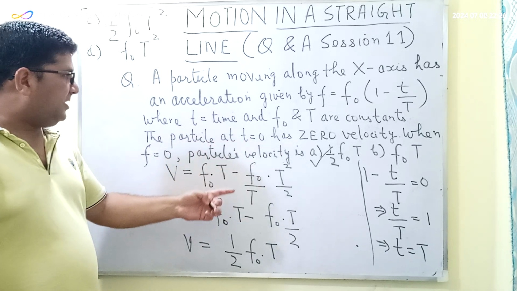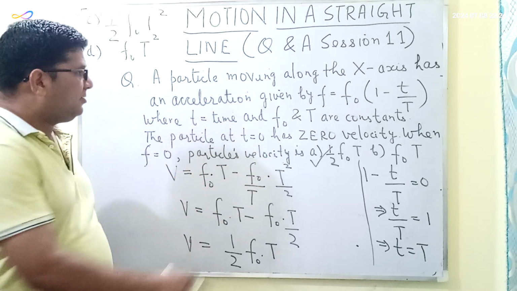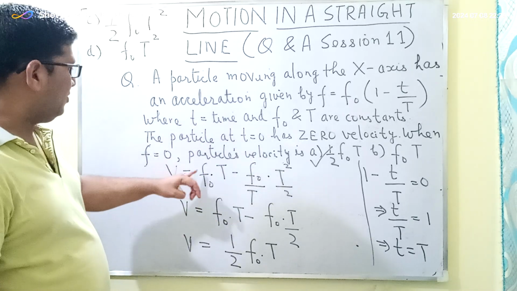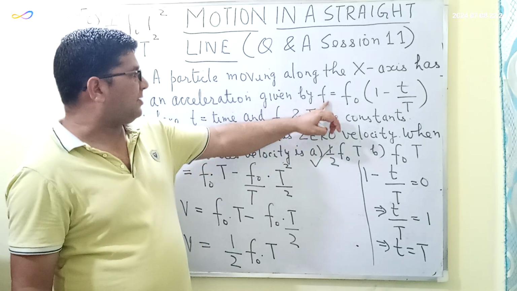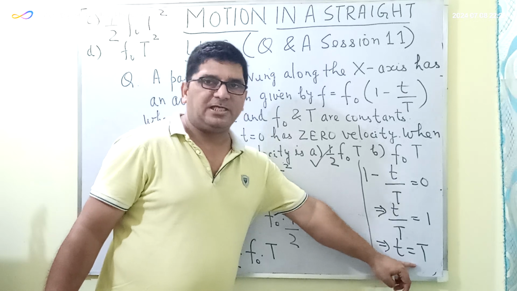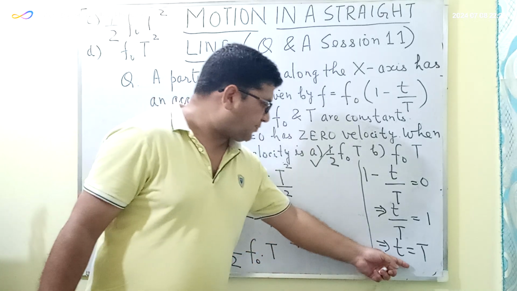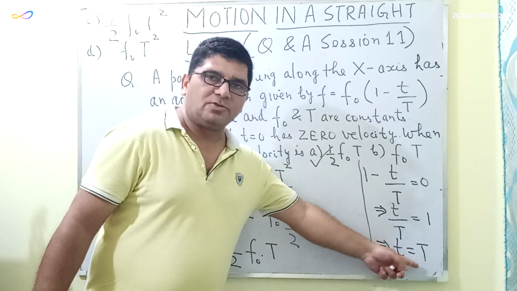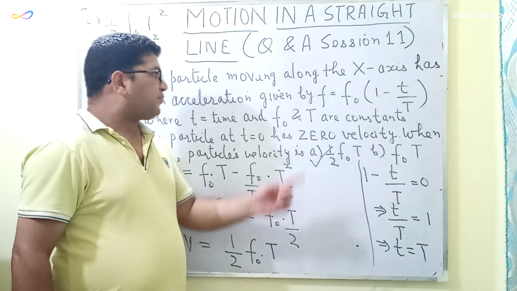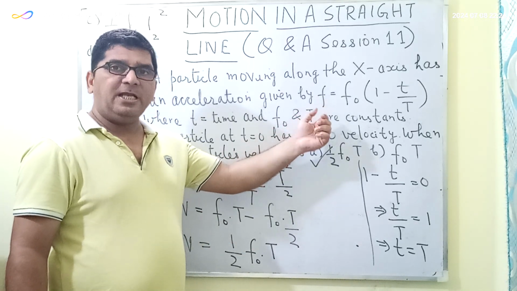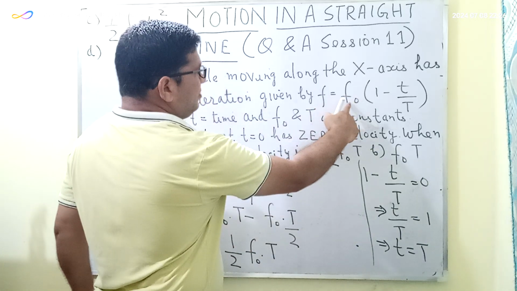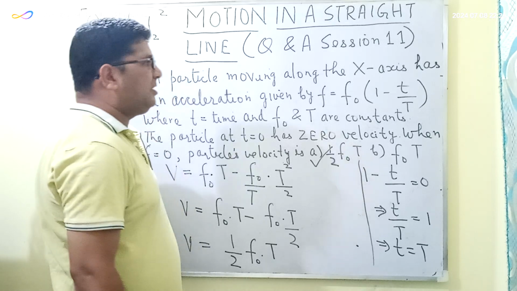Then, since we have to find the particle's velocity when f is equal to 0, we substituted f is equal to 0 and found the value of small t, which was equal to capital T. Thereafter we substituted the value of small t, which was equal to capital T, in the equation of the instantaneous velocity, which we got by integrating dv upon dt equal to f naught in bracket 1 minus small t upon capital T.